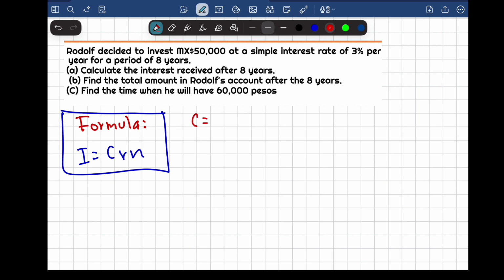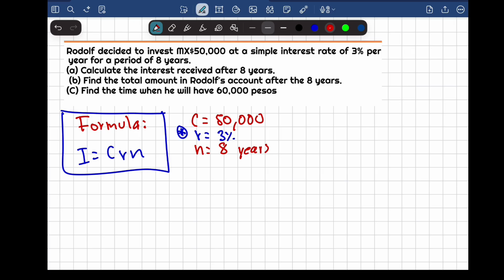So the capital is 50,000 pesos. What else? We have the R. R is the 3%. Be careful with this R. Then what else? We have N, the number of years, 8 years.